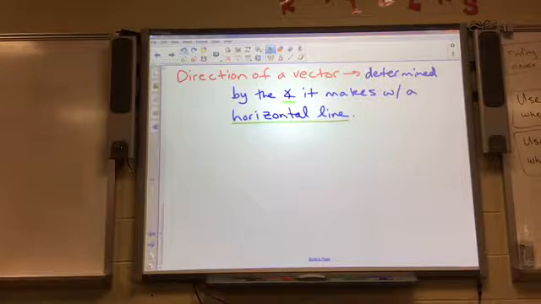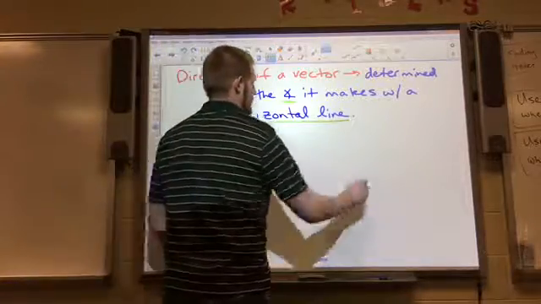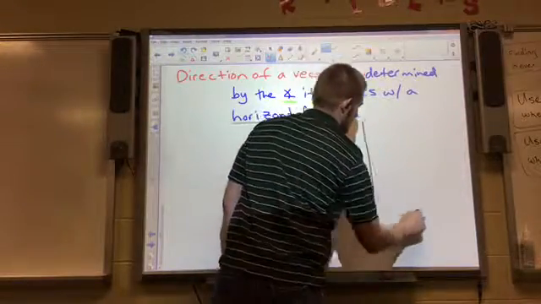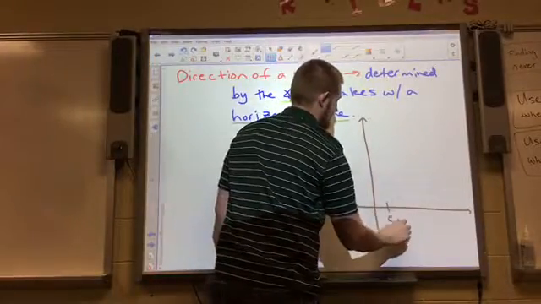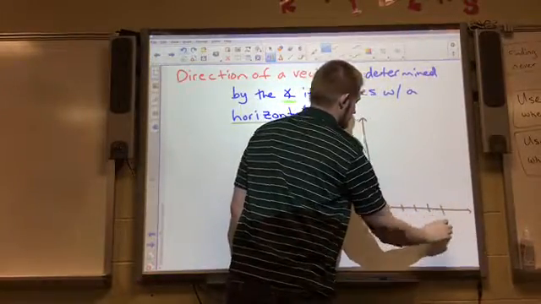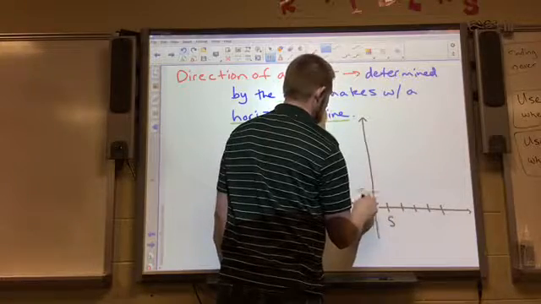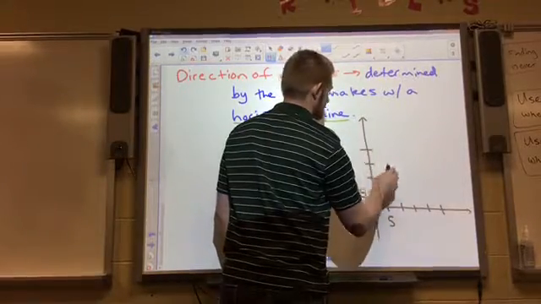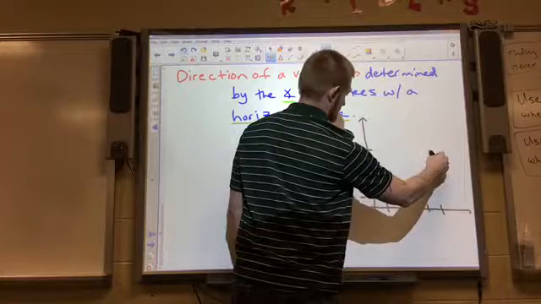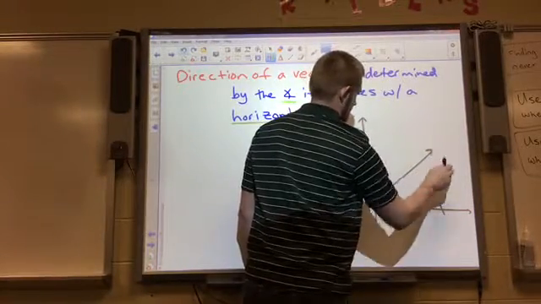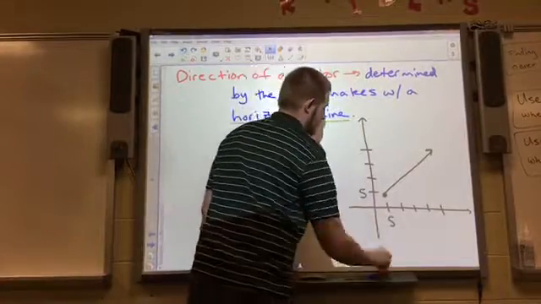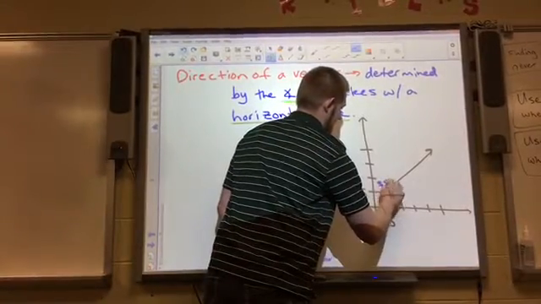Okay. So, looking at example 2, they give you a graph. It goes by 5s. Your initial point is at 5, 5.